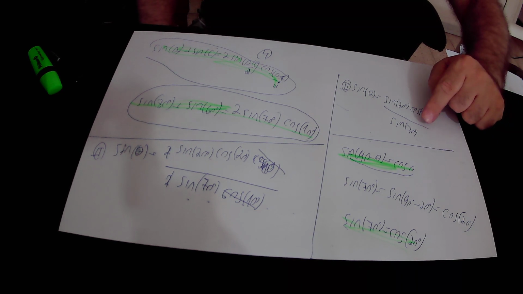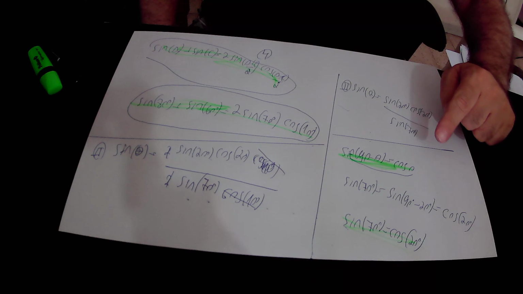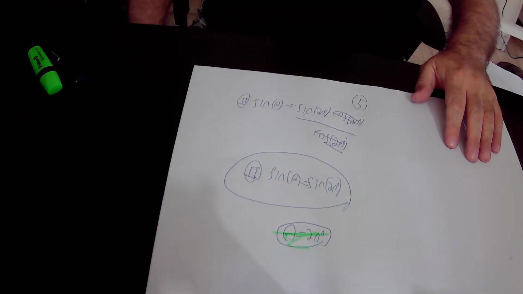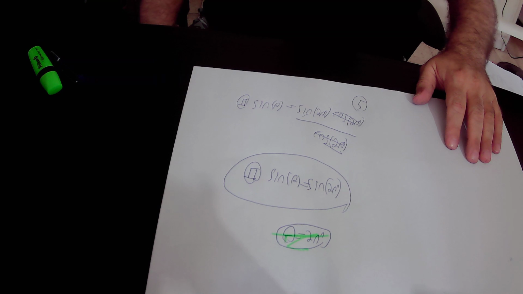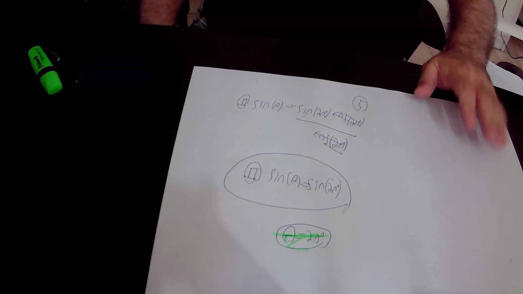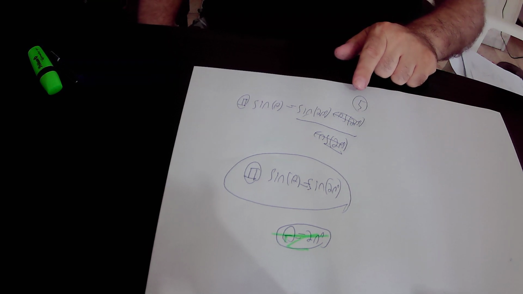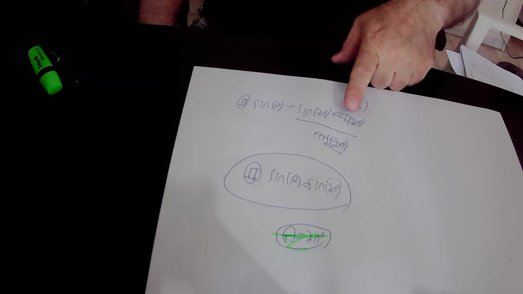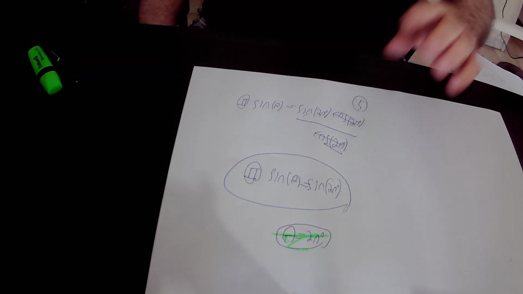Therefore, we can substitute sin 70 degrees in equation number 2 by cos 20 degrees. We did it, and we got sin theta equals sin 20 degrees times cos 20 degrees over cos 20 degrees.